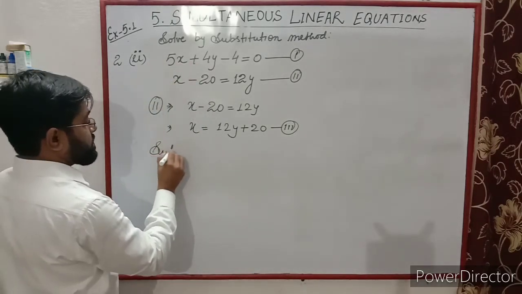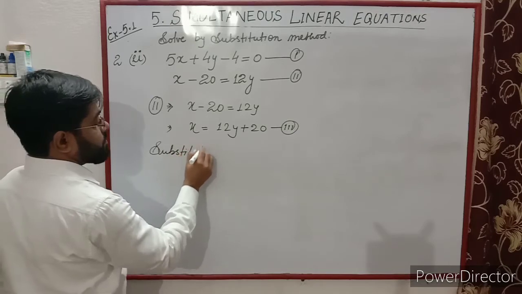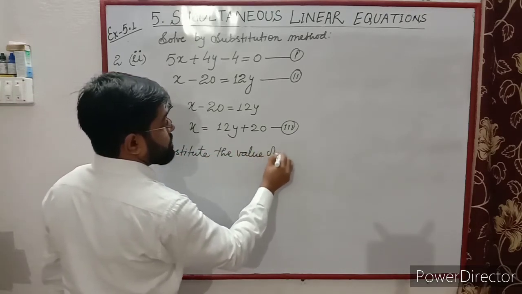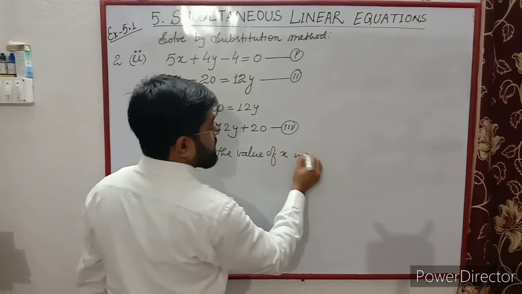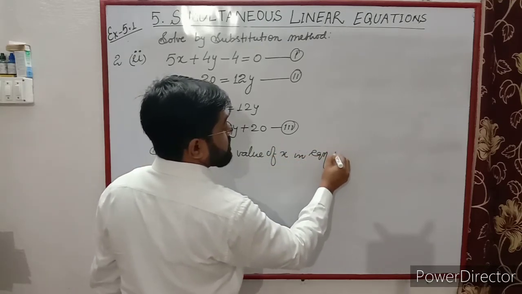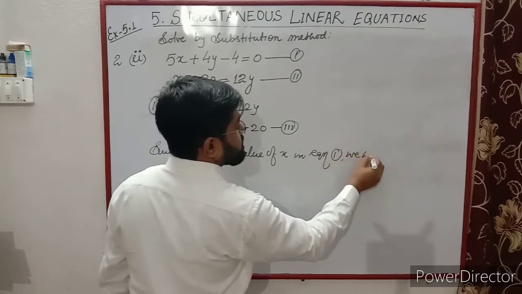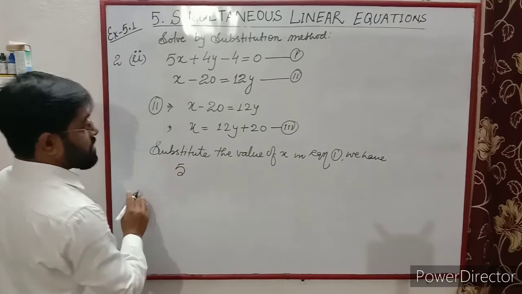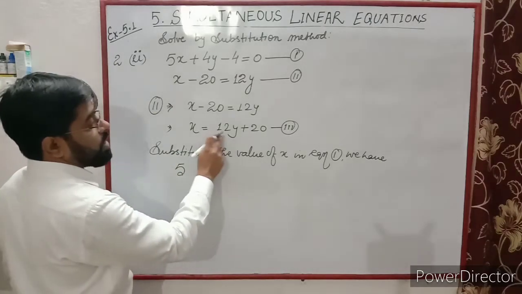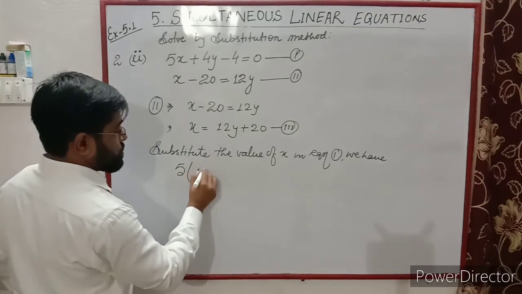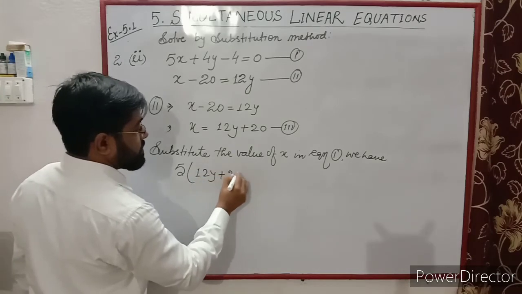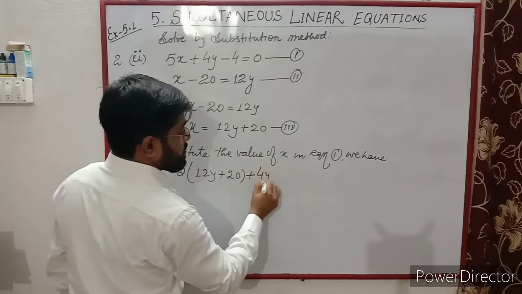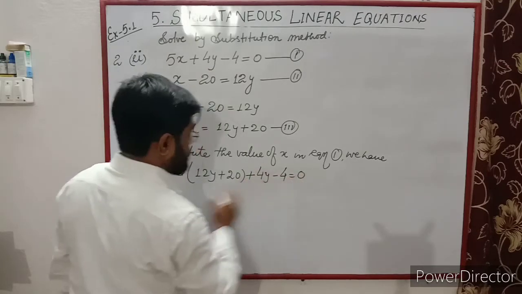Substitute the value of x in equation first. We have 5 times the value of x, 12y plus 20, plus 4y minus 4 is equal to 0.